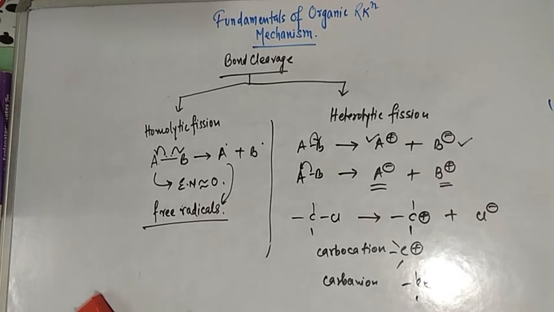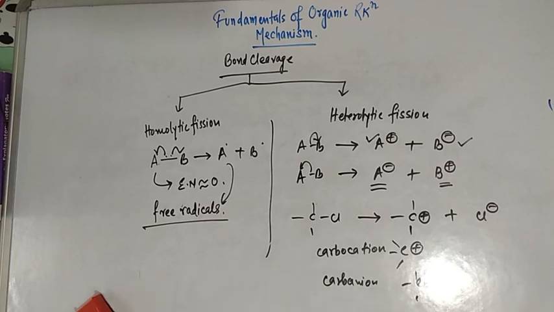So from here, what can we conclude? We can conclude that in organic reaction mechanism, bond cleavage, which is the basic fundamental for any chemical species to undergo a reaction, is generally of two types. One is homolytic fission, another is heterolytic fission.